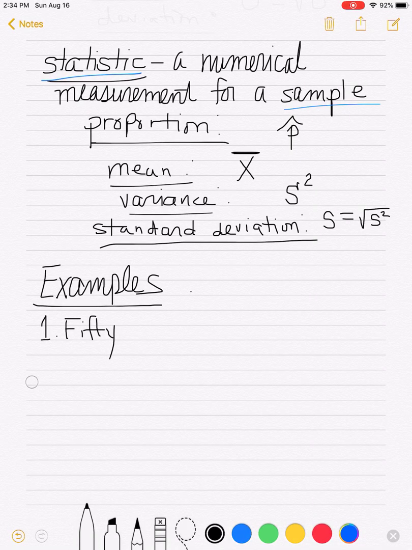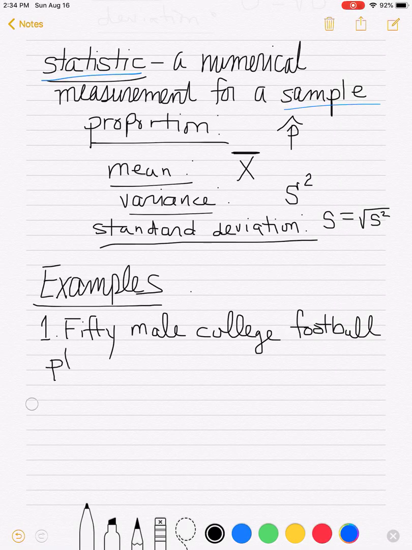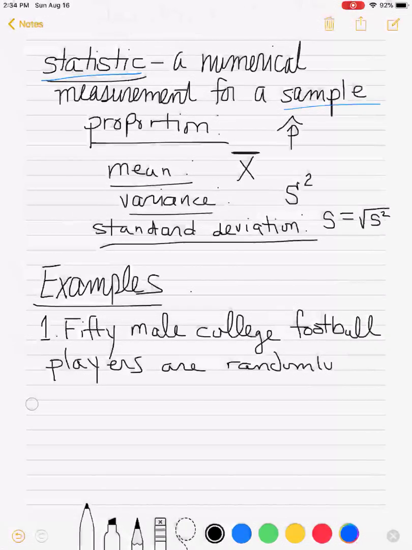Male college football players are randomly selected, and their weights are measured.